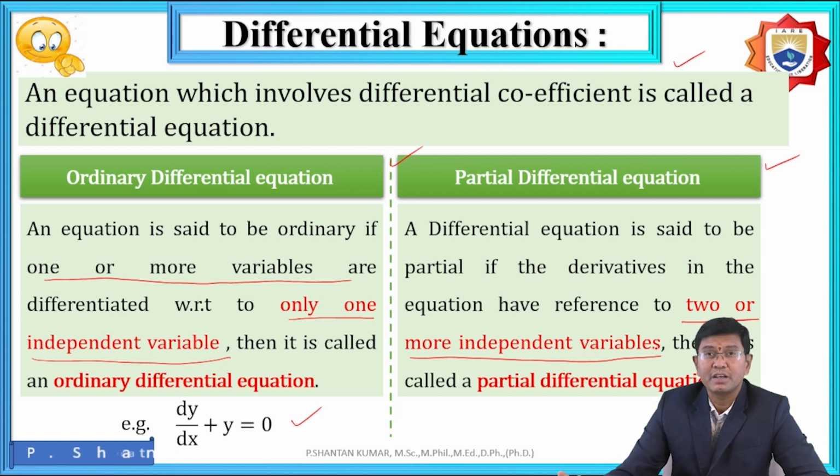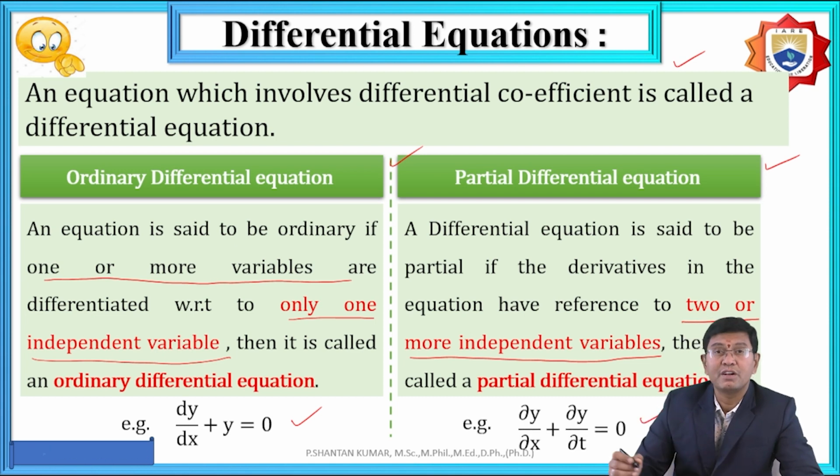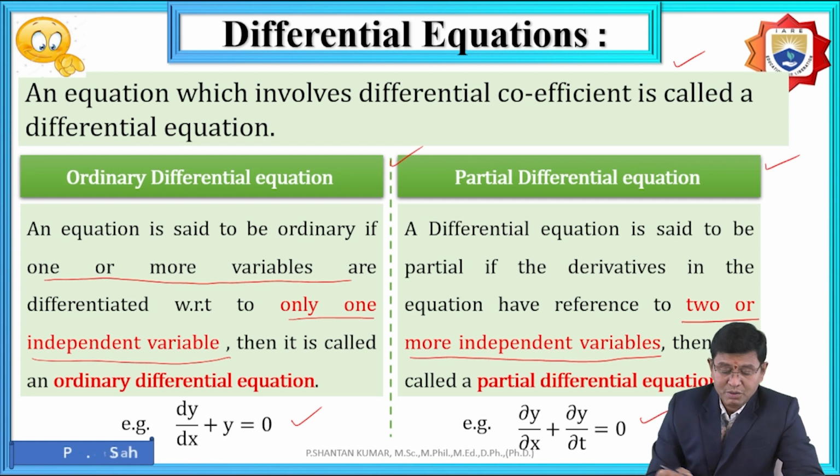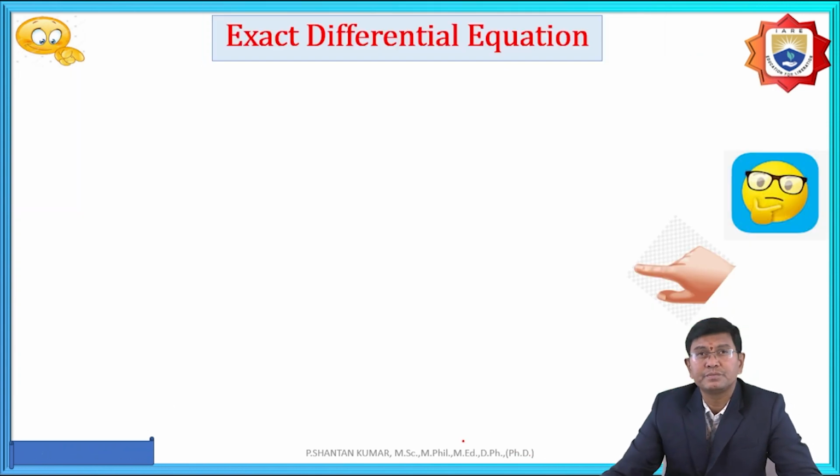For example, dou y by dou x plus dou y by dou t is equal to 0. An ordinary differential equation has one dependent and one independent variable, and the partial differential equation has more than one, at least two independent variables.